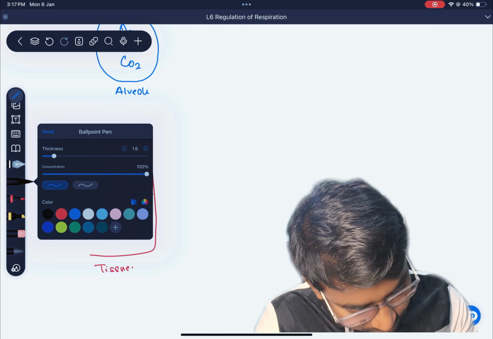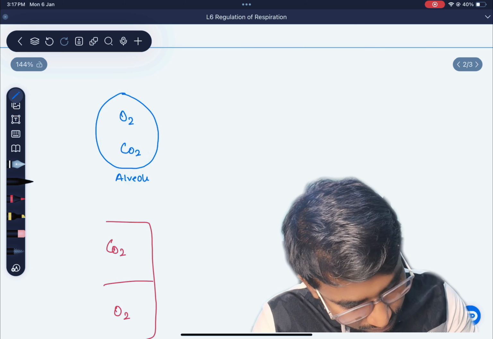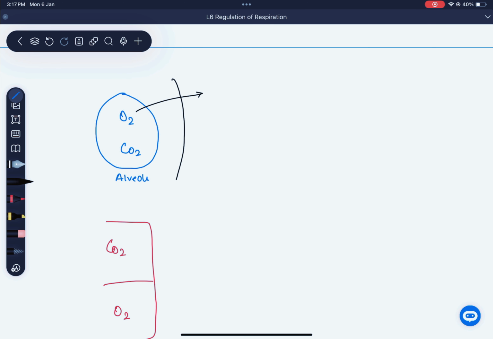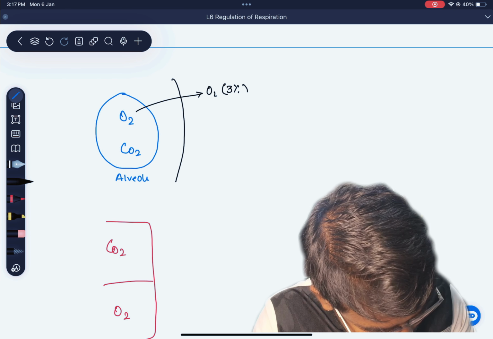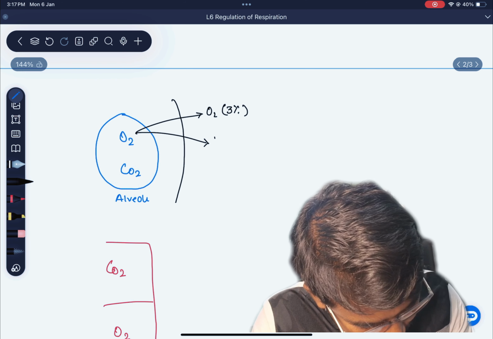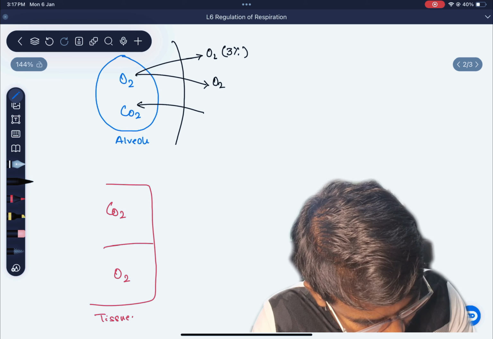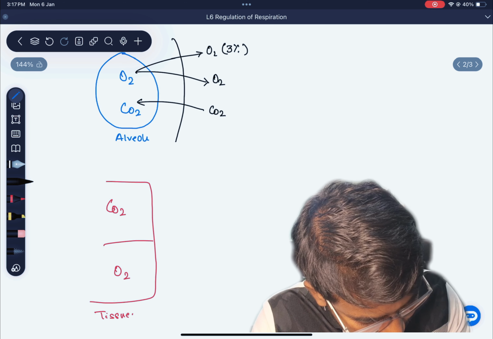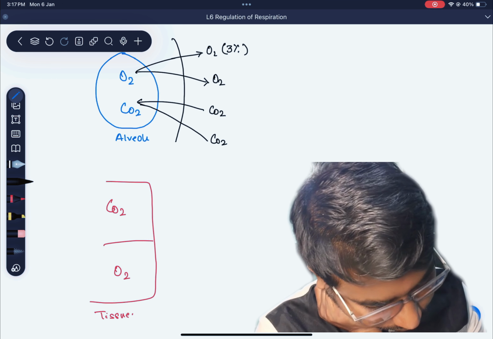Now from the alveoli, O2 is 3%, O2, CO2.